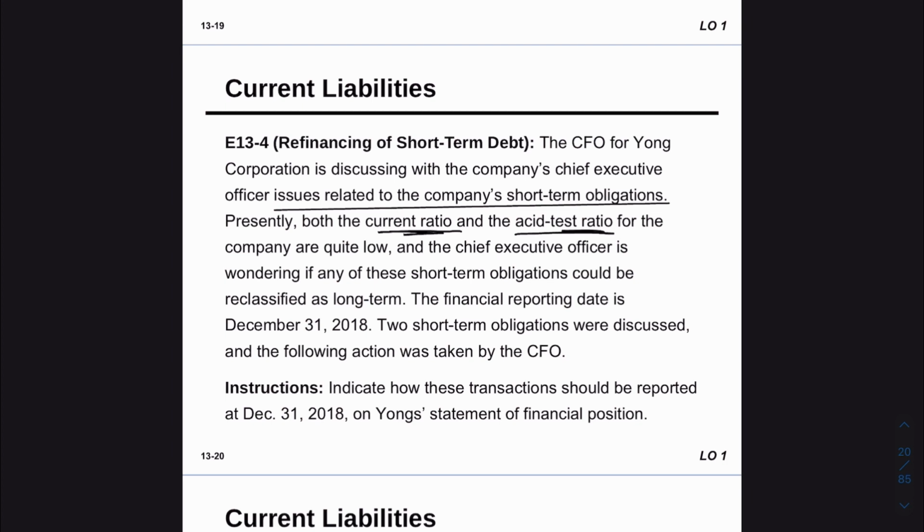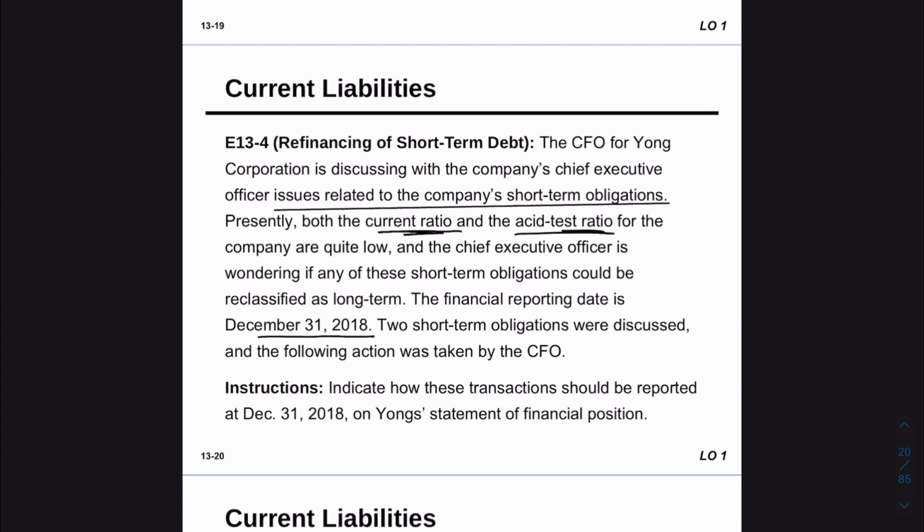And so the chief executive officer is wondering if any of those short-term obligations could be reclassified as long-term. So we have two short-term obligations, and the officer is just wondering if we could convert them from short-term obligations to long-term obligations. Okay, so the financial reporting date is December 31, 2018.